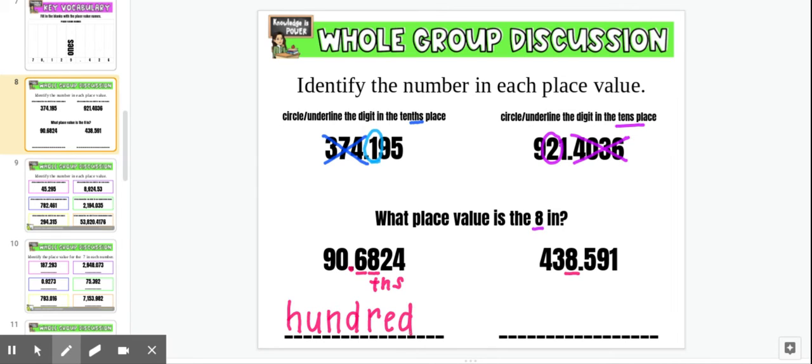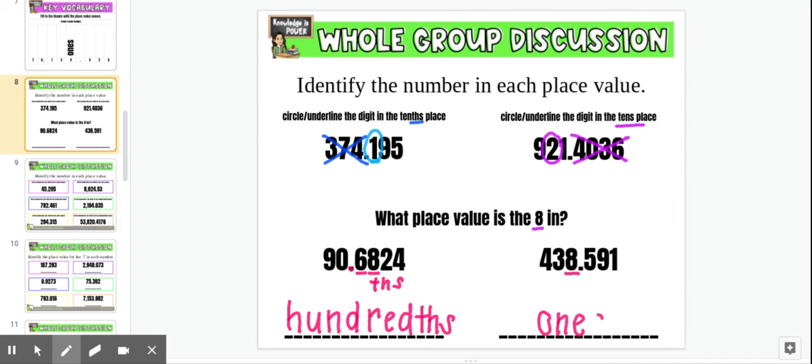Now in the second one, 438 and 591 thousandths, that 8 is before the decimal, so it does not end in THS. And that 8 is the first one before the decimal, which would be the ones place.